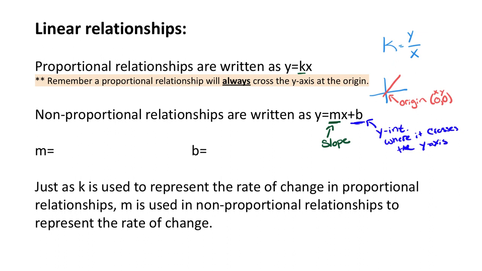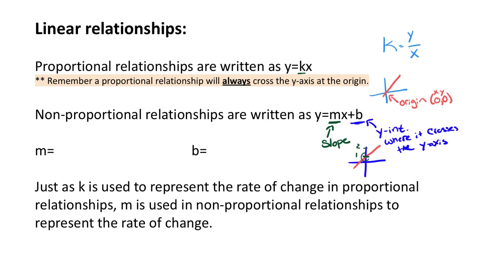So on a non-proportional relationship, if here is my graph and the line crosses up here at this point, let's say that is up 1, and then we go another 1, 2.